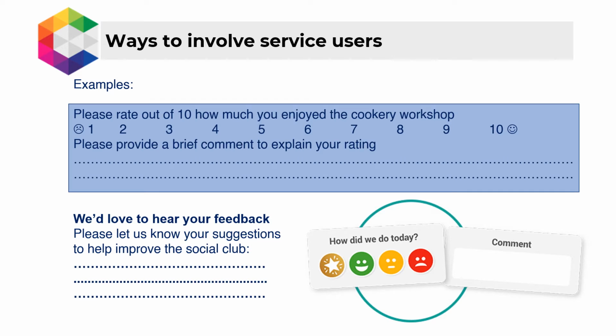That way you're capturing the quantitative number and also the qualitative experience. The example there on the bottom right is helpful if people have English as a second language or not confident in writing skills. It's just a really simple visual that they can tick to show how they found the experience.